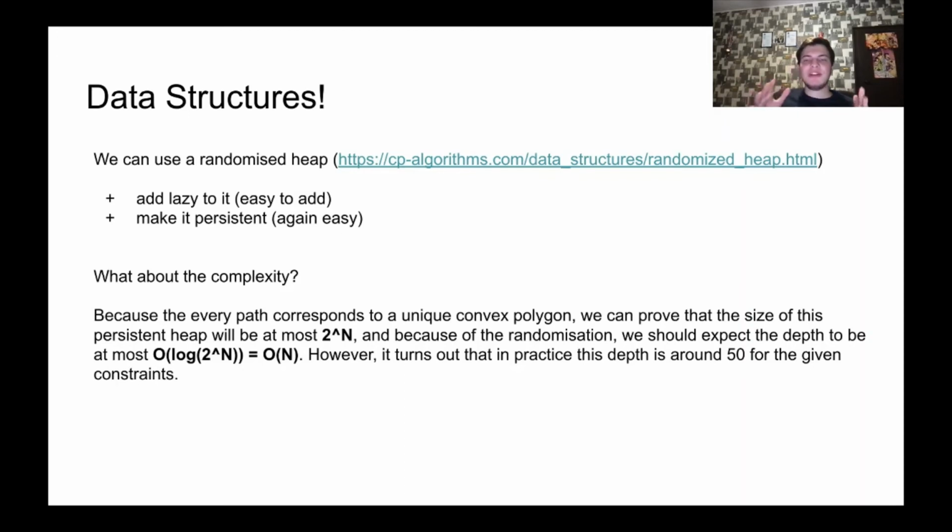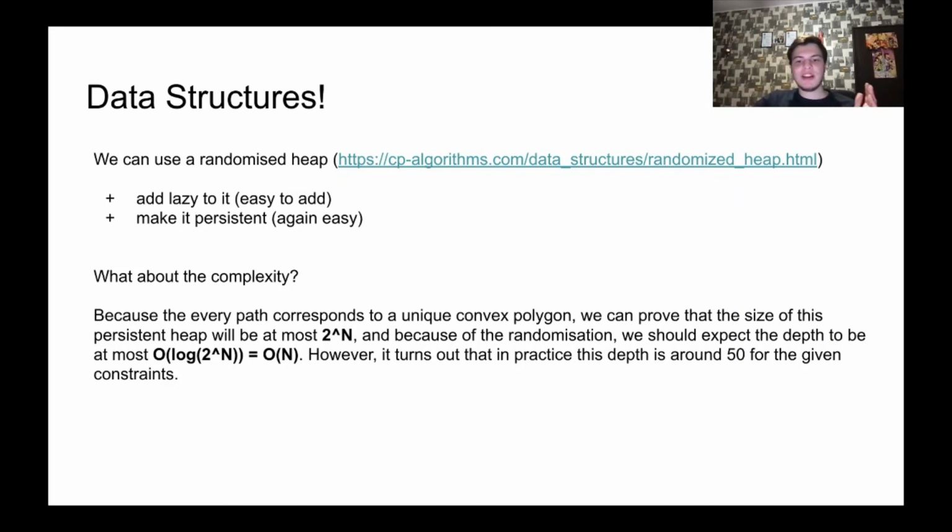We already figured out that every path from the beginning to the end actually corresponds to some convex polygon. And also every intermediate path that starts at some vertex and ends in the sink actually corresponds to some polyline.